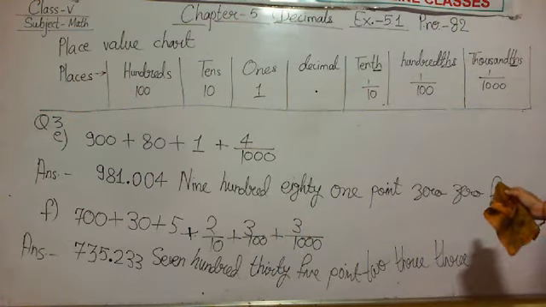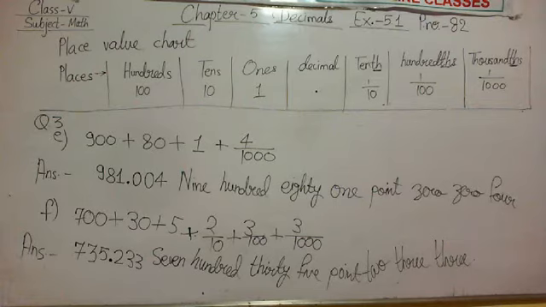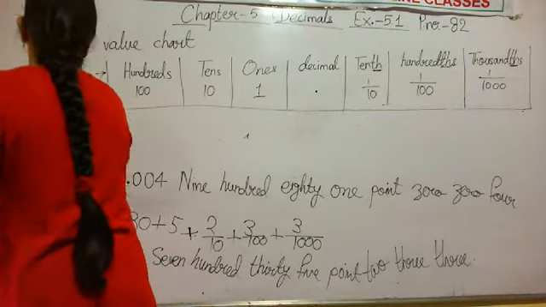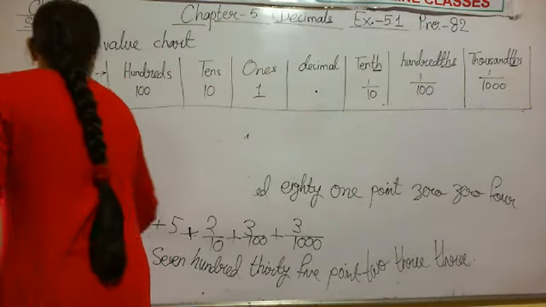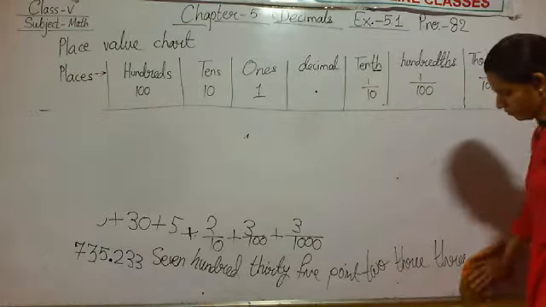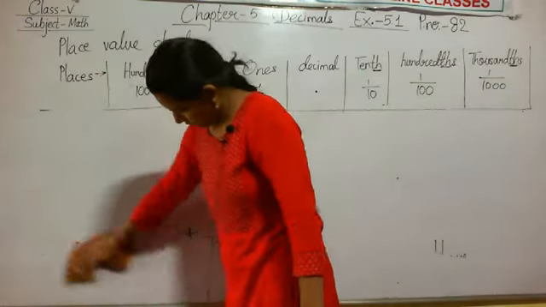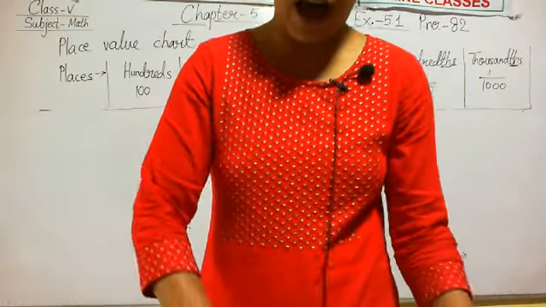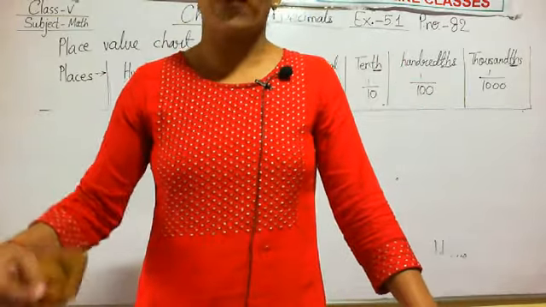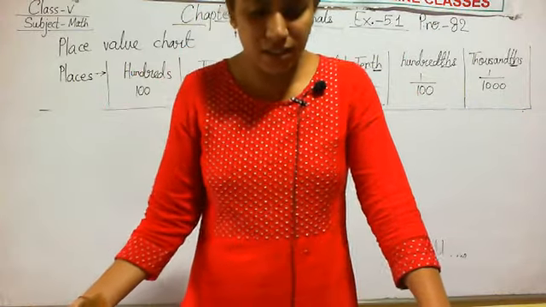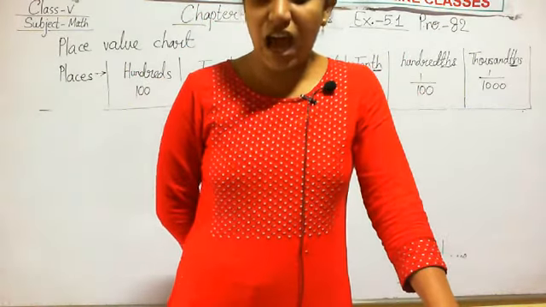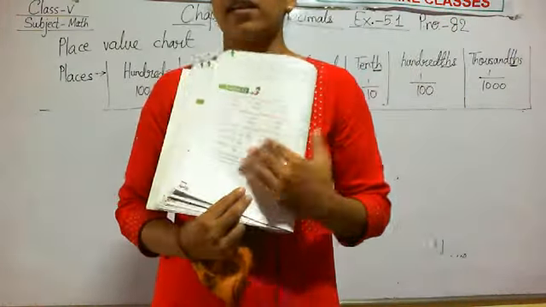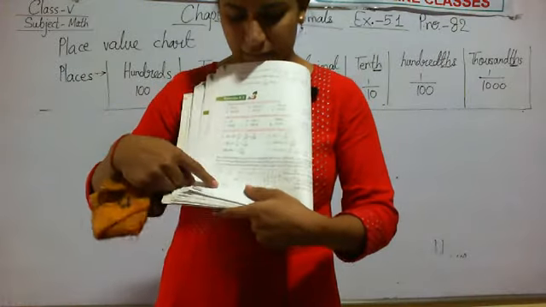Okay, now let us move to question number 4. Read the question carefully. Question number 4: A number is broken into thousands, hundreds, tens, ones, tenths, hundredths and thousandths, which are jumbled in a square box right here.